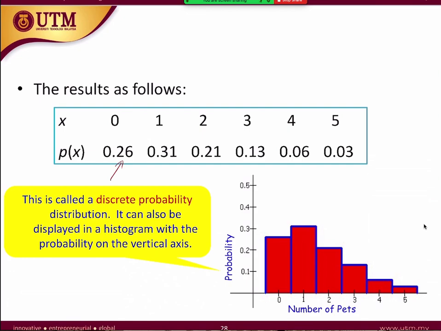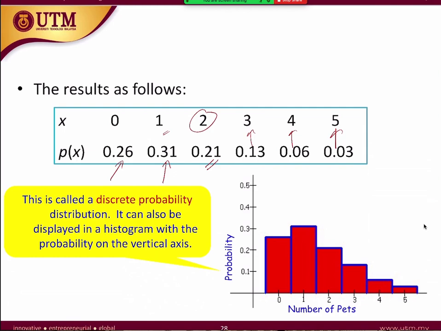Then there's a probability of 0.31 that they will have one cat or dog, 0.2 with 2 animals, 0.13 for having 3 cats or dogs, 0.06 for 4, and 0.03 to have the maximum of 5 cats or dogs in the household.